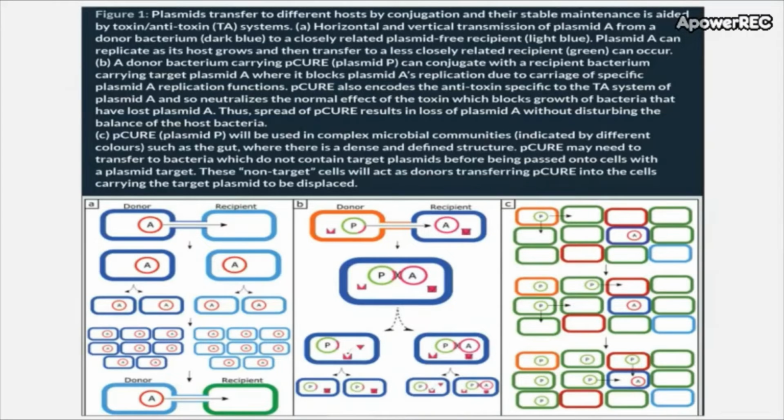Now, there's an interesting mechanism for how plasmids are maintained. One might think, what's to cause this plasmid from being donated to both daughter cells during binary fission? How come only one daughter cell doesn't get it? And the answer to that is a system called a toxin-antitoxin system. So somewhere on the chromosome, a toxin might be created by this organism.